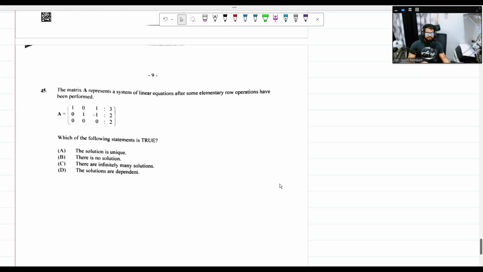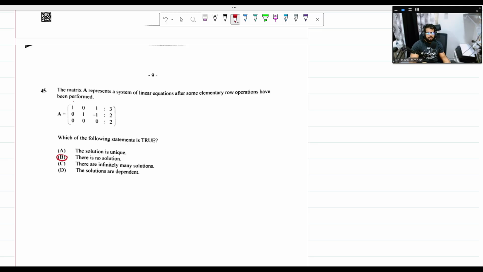And lastly, the matrix A represents a system of linear equations after some elementary row operations have been performed. Which of the following statements is true? The solution is unique, unique meaning it has one solution. There's no solution. That is indeed true because we have a row of zeros in our 3x3 matrix.